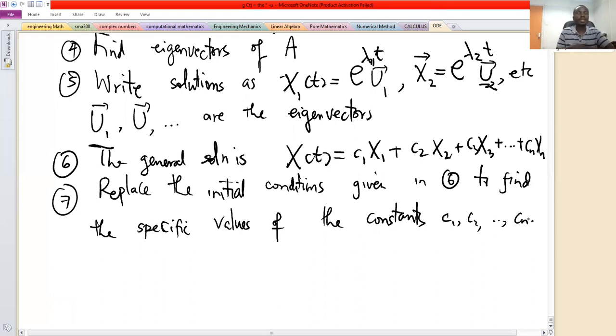So what I've listed are just general steps to help you carry out a solution of a differential equation by matrix method. Now back to business.